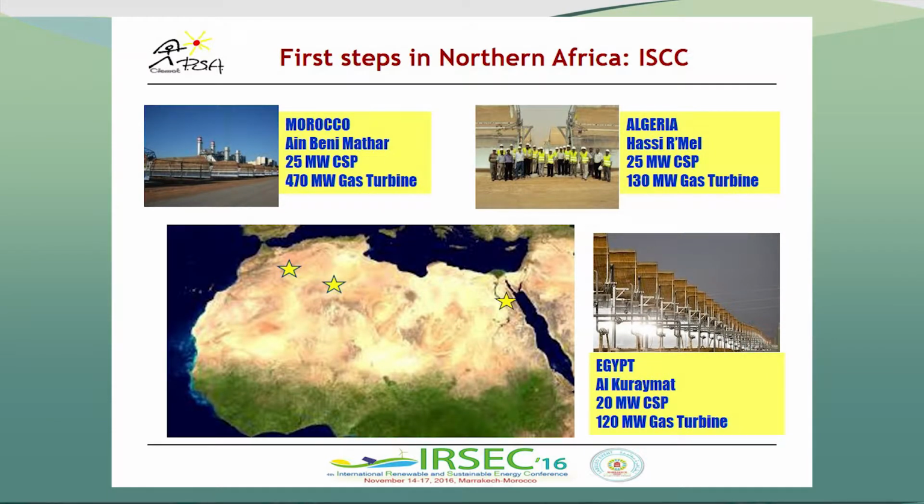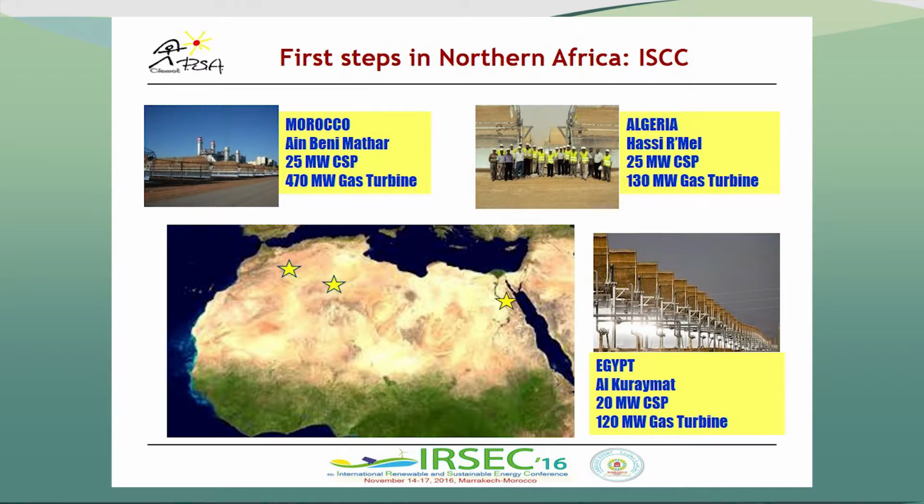First of all, I would like to say that here in the MENA countries, since 2011, there are three plants which are not purely CSP, but are what they call integrated solar combined cycle systems, which means we have a conventional power plant with gas turbine and steam turbine, and we use, in this case, World Bank funds to install an additional solar field for the power you see there, to provide additional steam to the system.